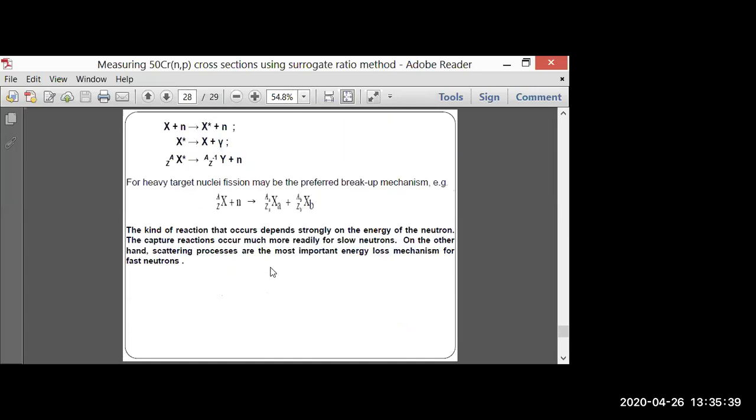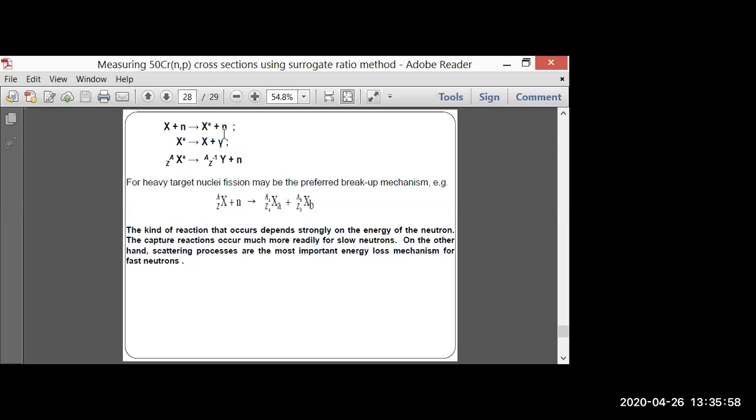In this slide there is an excitation. You shoot a neutron on target X, and the star on X shows that your target is in a higher excited state, and the neutron is the same with reduced energy.